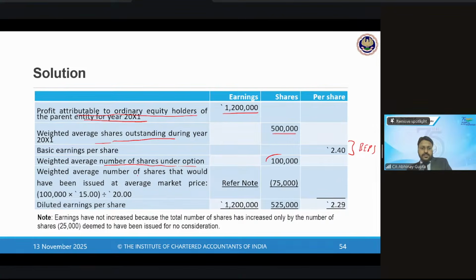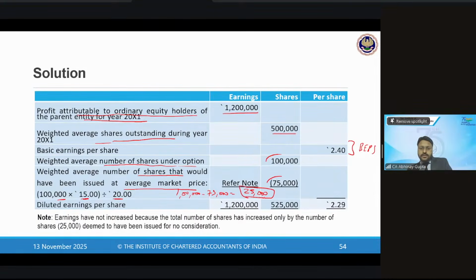And weighted average number of shares that would have been issued at the average market price would be 1 lakh into 15 divided by 20, 75,000. So how many will eventually be issued for free? So 1 lakh minus 75,000 is equal to 25,000.